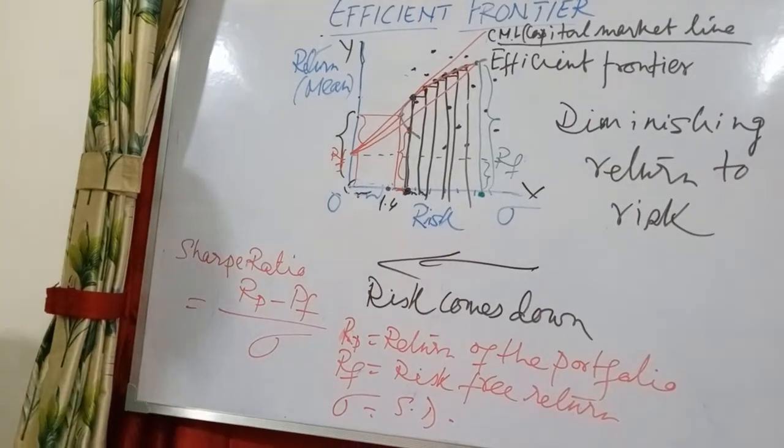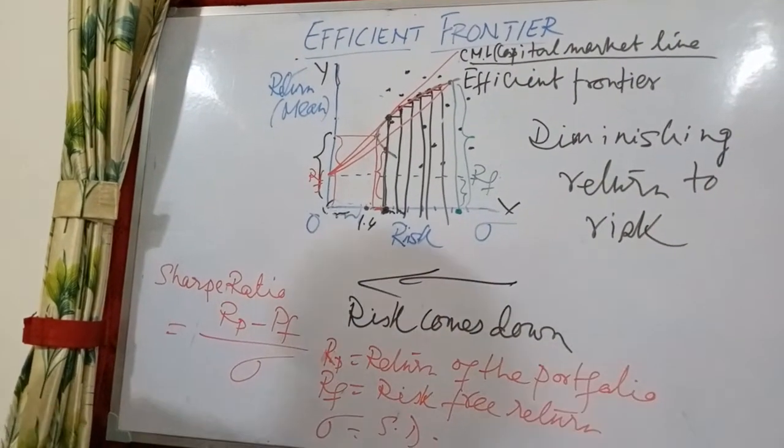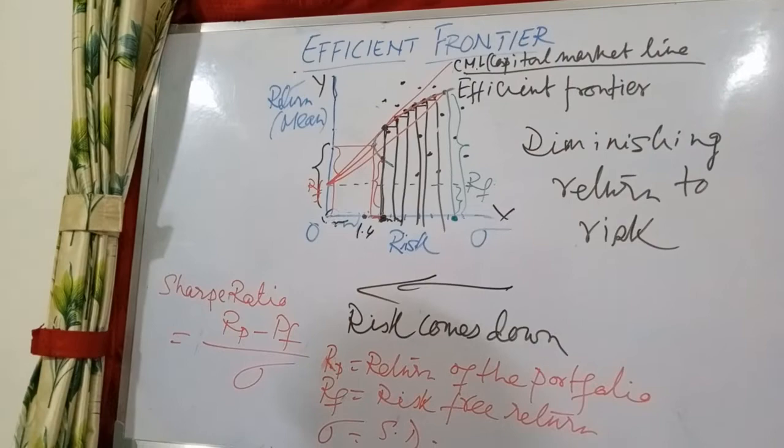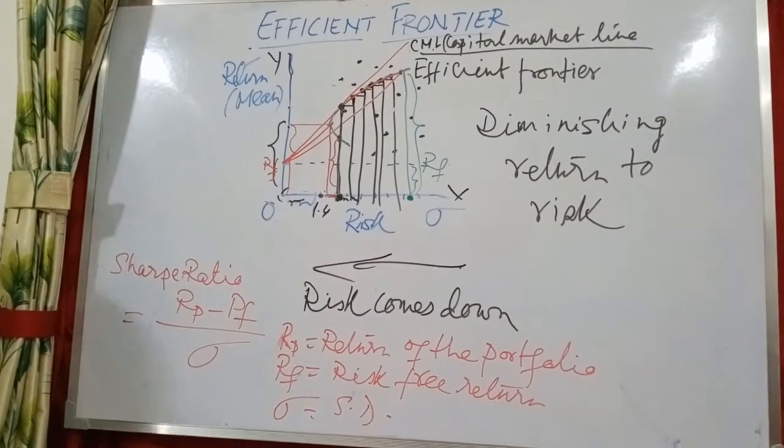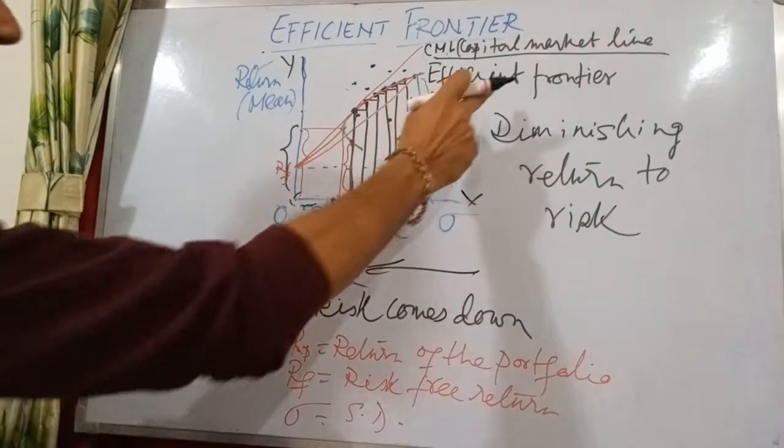So Sharpe ratio is maximum at the point of tangency between CML and efficient frontier.